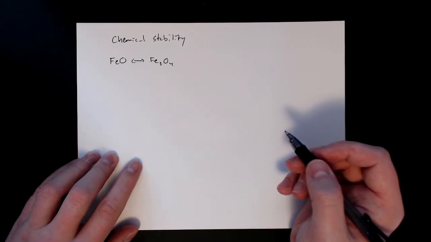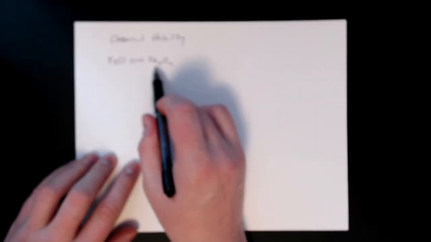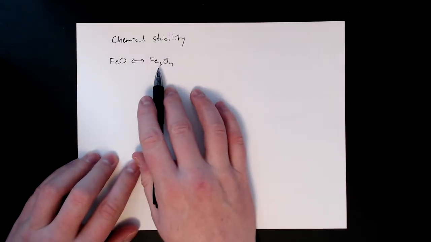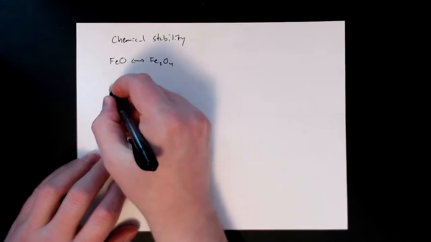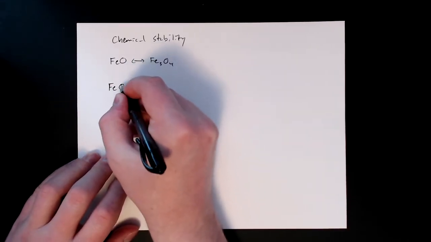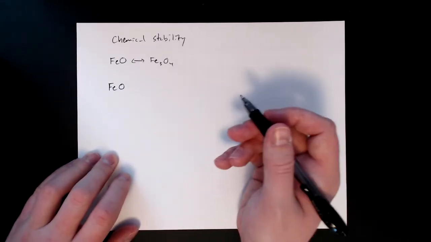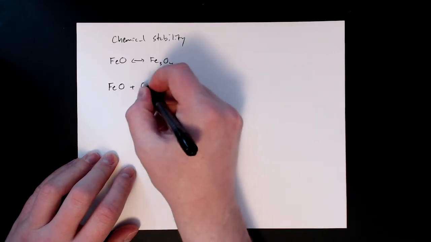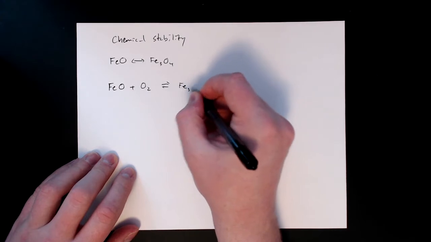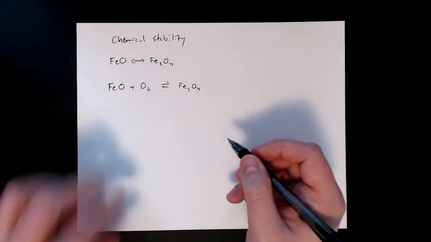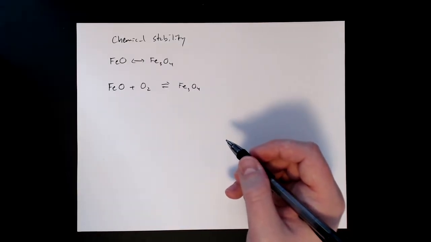And so for this one, we're not going to look at the formation of this component, because we want to compare it to this oxide. And so we're going to write FeO, and then it's going to require more oxygen. So we're going to have O2, and that's going to lead us to Fe3O4, but we do need to balance this reaction.